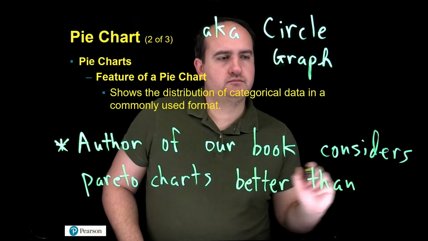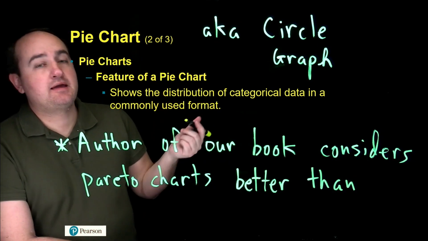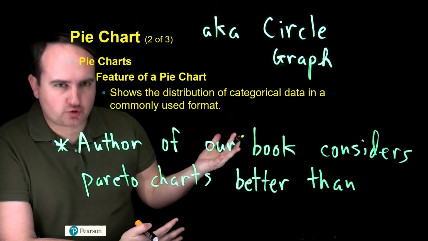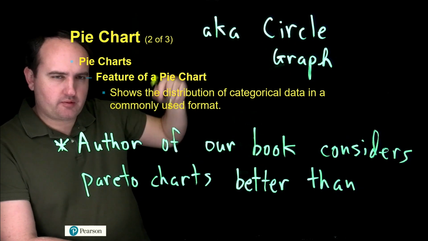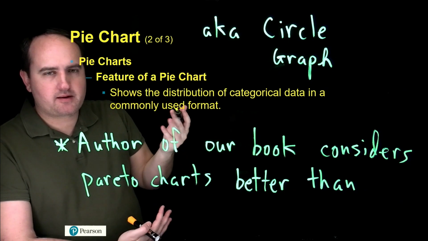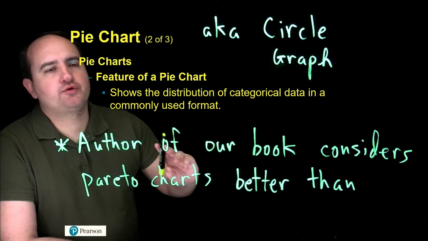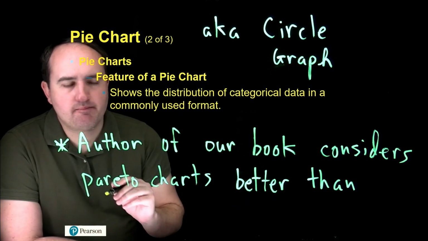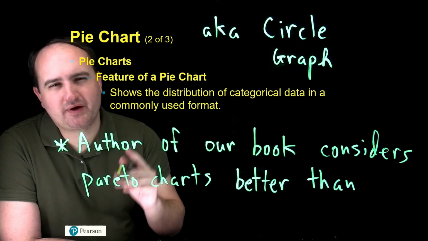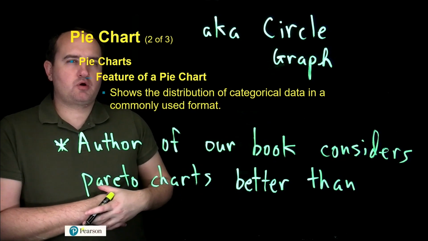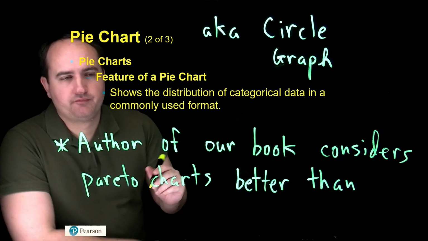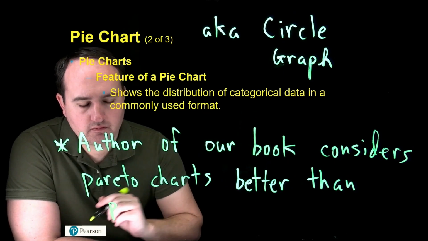Okay. Pie charts, aka circle graphs or circle charts. There's all kinds of names for them, but it's a circle and it looks like a pie because it's divided into slices. So the author of our book considers Pareto charts better than, when I say better than, I just mean more enlightening than pie charts.